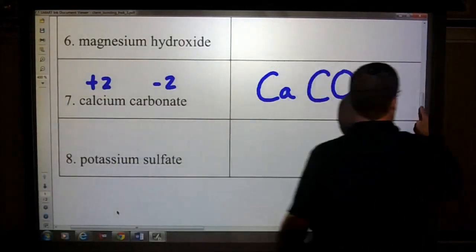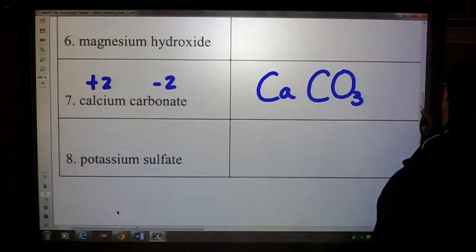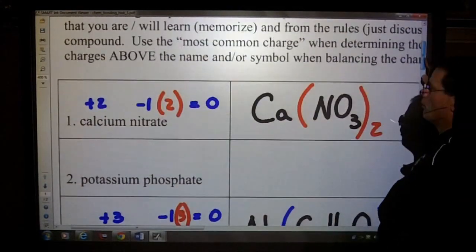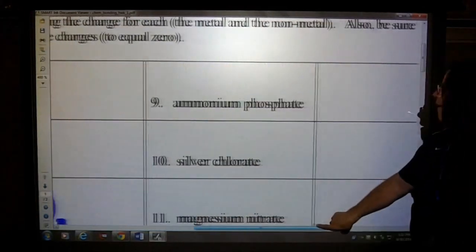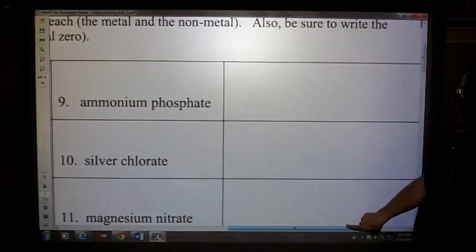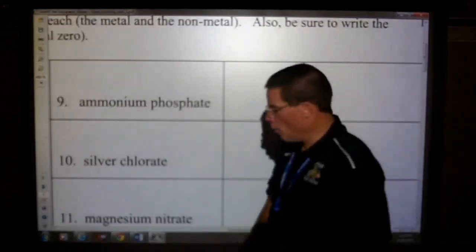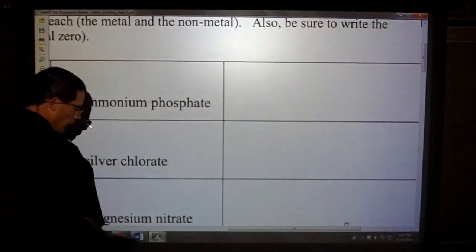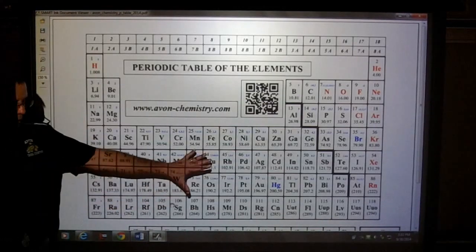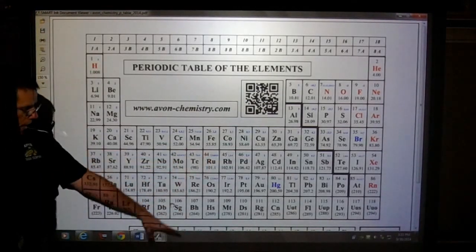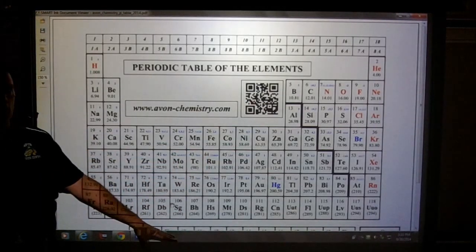All right, let's look at number 9. Okay, so back up to the top, swing it on over. Ammonium phosphate. Now, ammonium is acting like a metal, but you're not going to find ammonium on here. So don't go looking and go down to the AMs because that's americium.